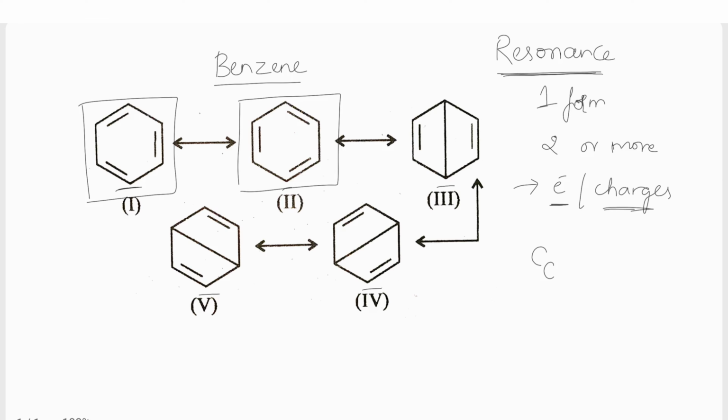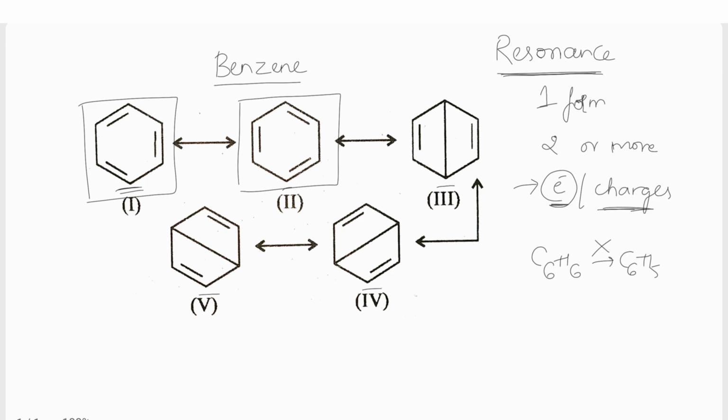So in one structure, if it is C6H6, in another structure it cannot be C6H5 or something else. So this is wrong. In resonance, we write a molecule in various forms where the distribution of electrons and the charges will vary, but the carbon skeleton remains the same. This is the phenomenon called resonance.